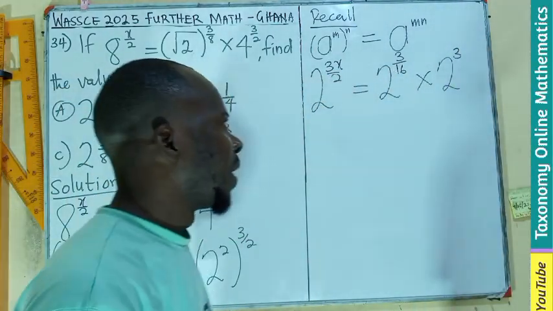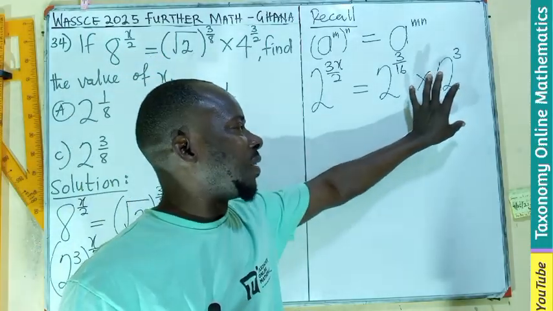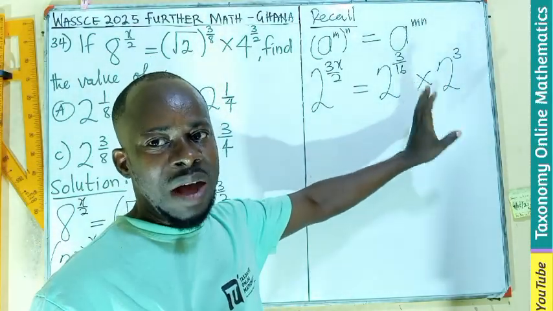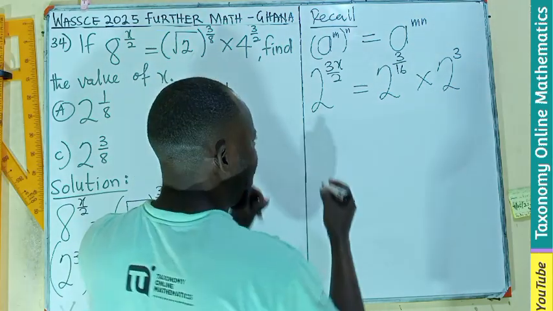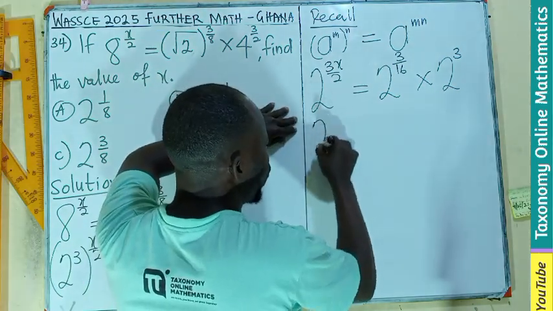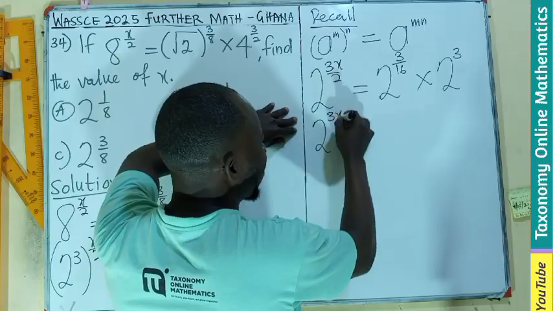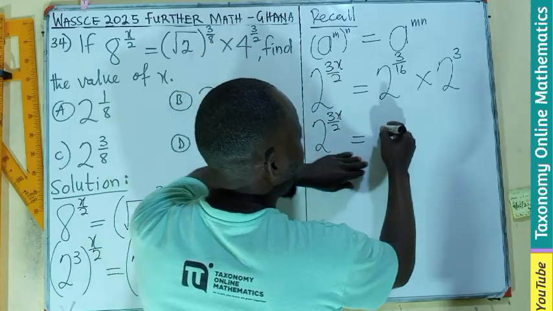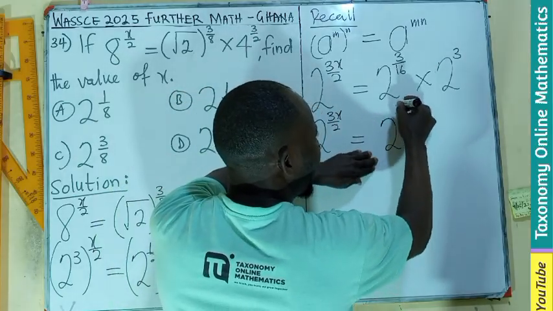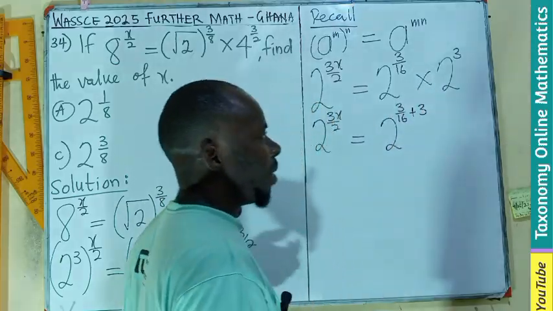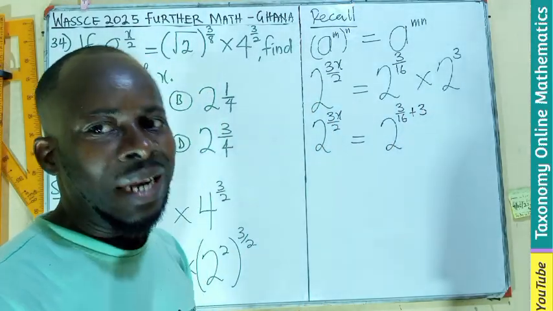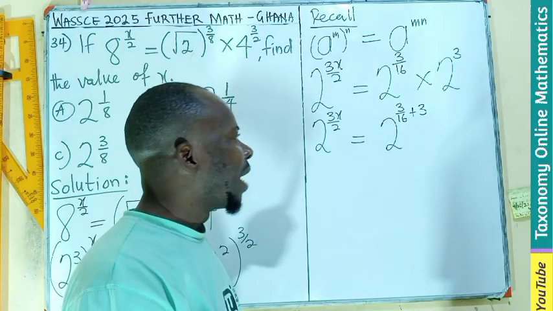So I am going to have 3. Now, we can see that the right side is still having some laws to deal with. The multiplication law, meaning I maintain the left. 2^(3x/2) equals 2^(3/16 + 3). Remember the law: if the bases are the same and they are multiplying, you add the exponents.